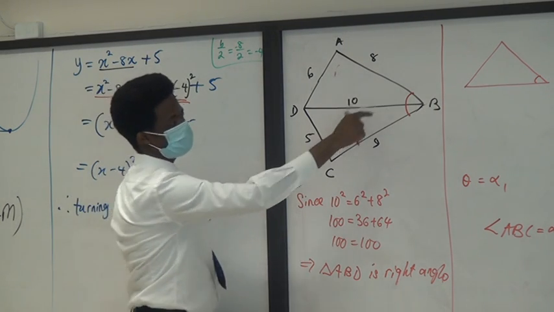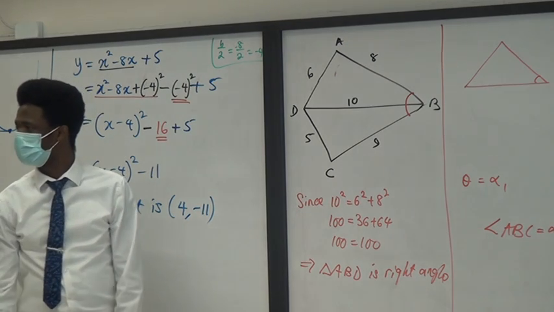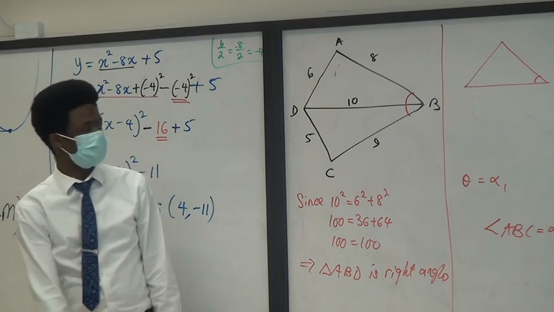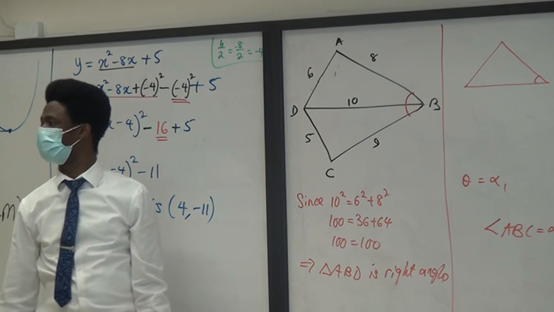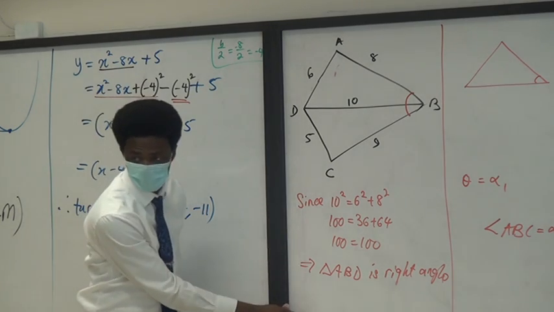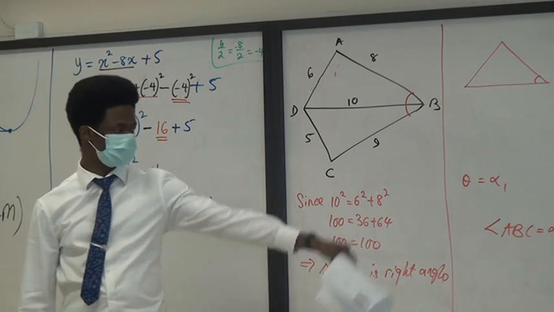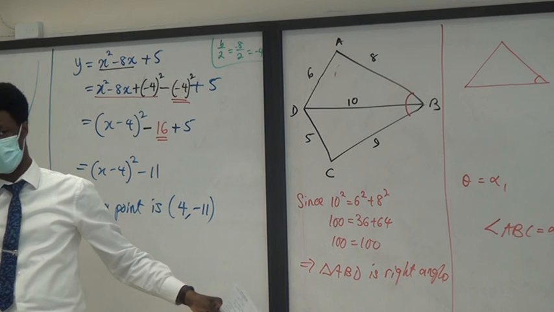To get this angle, you can use either sine, cos, or tan, because all the sides are known. SOHCAHTOA will give you alpha 1. Okay? But there's no proof that this is right angle, so you have to use cosine rule again. So rather than doing this, then SOHCAHTOA, I think it's better to go straight to cosine rule. So this method is better, I think. But both are correct. Okay?